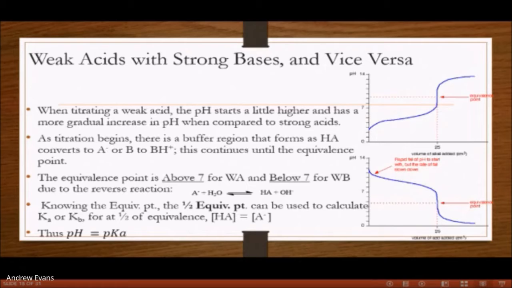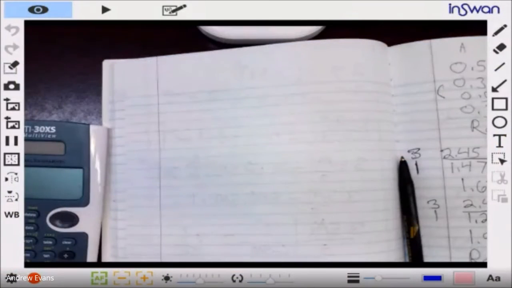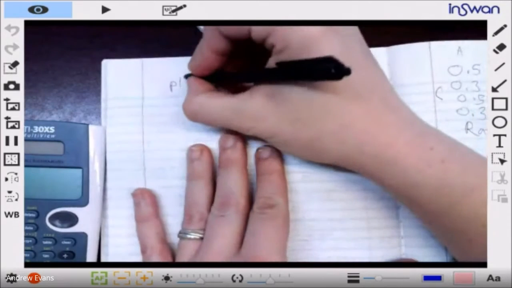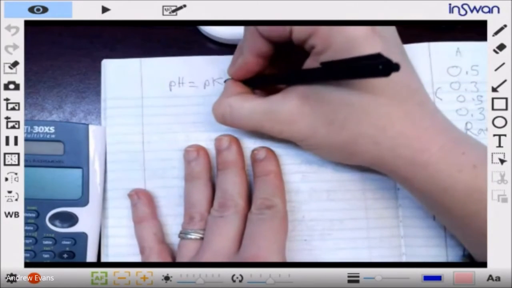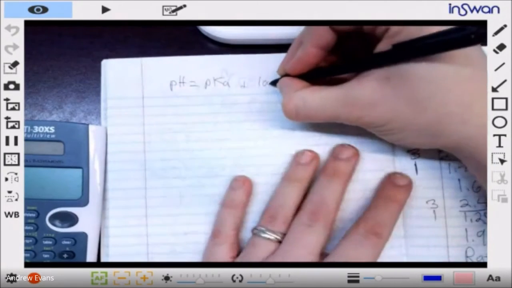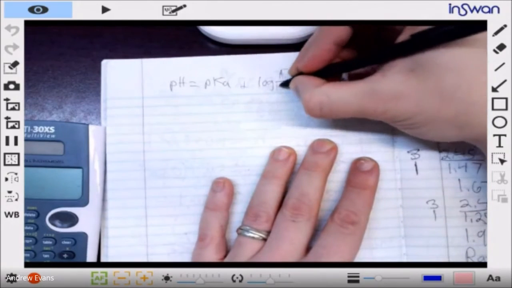The idea here is that when you're at the half equivalence point, half of the acid has been neutralized to produce an equal amount of conjugate base. And going to the doc cam real quick, we'll see what happens if pH equals pKa plus log of A minus over HA.